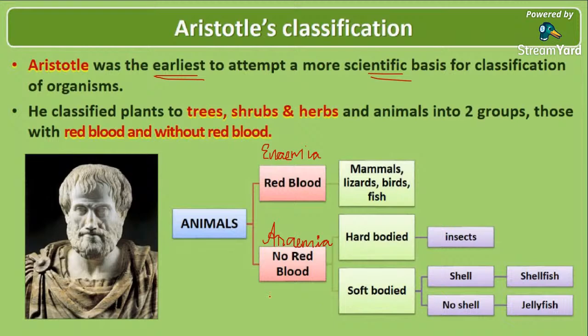As you know, in similar conditions, if a person is deficient of hemoglobin in their blood, we say that person is pale, that is anemic. Red blood pigmentation is due to hemoglobin, so I am just connecting it with that. If there is no red blood in animals, he gave the term Anaima, and if there is red blood, he gave the term Enaima.